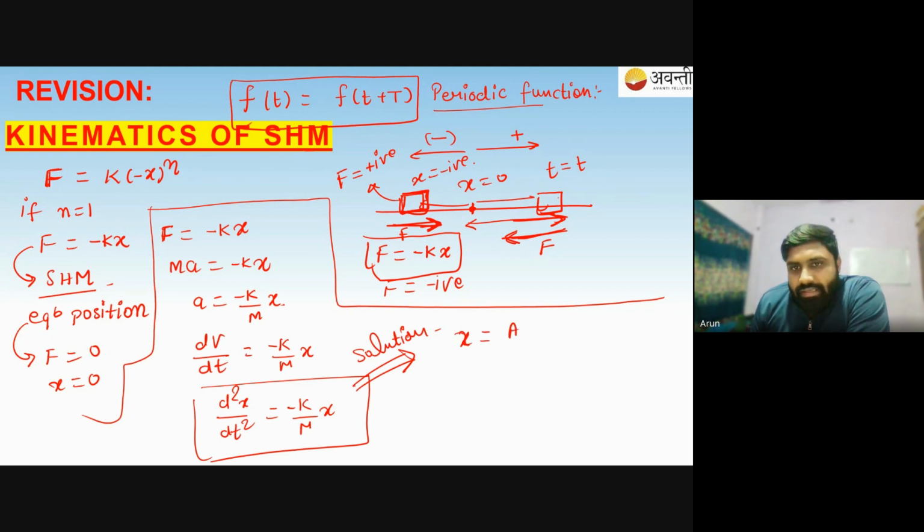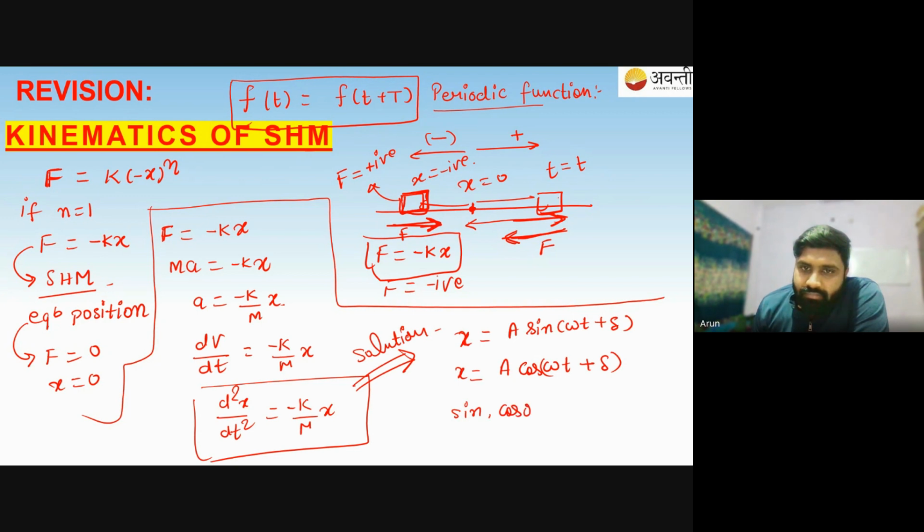This will be x is equal to a sin(omega t plus delta) and x is equal to a cos(omega t plus delta). Okay, you should always remember that sine and cos are harmonic functions.